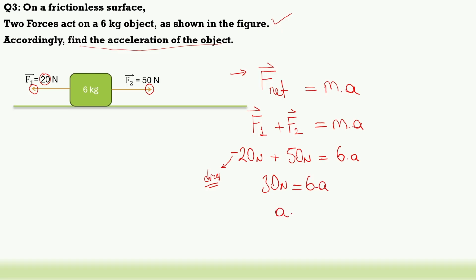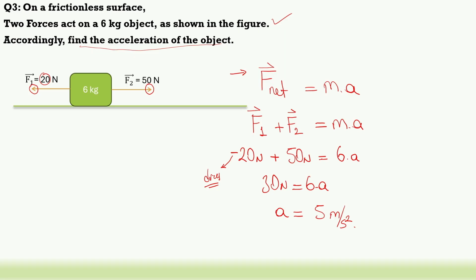From here, the acceleration of the object is 5 meter per second square. In this question, the important point is that F1 is in the negative direction, F2 is in the positive direction, and we use minus and plus signs to demonstrate the direction. And in the equation, I am writing minus 20 Newton because F1 is in the minus direction, negative direction.